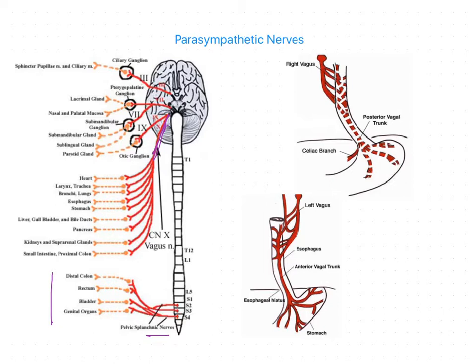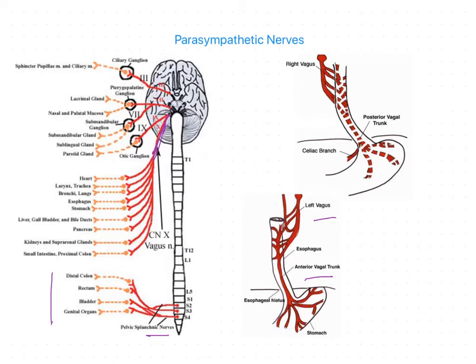So the right vagus forms the posterior vagal trunk and the left vagus forms the anterior vagal trunk. Now we will see the anterior vagal trunk, how it supplies.